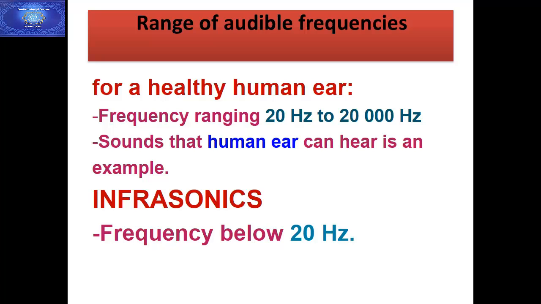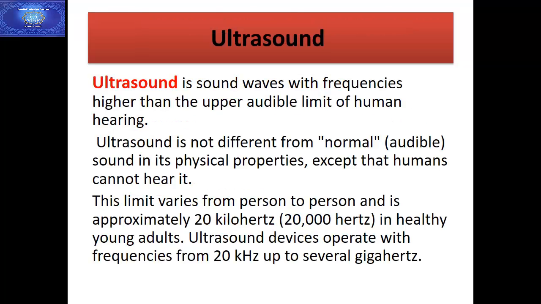Frequencies below 20 Hz cannot be heard by our ear. Also, frequencies more than 20 kHz cannot be heard by our ear. Infrasonic means frequency below 20 Hz. So, there is a range for audible frequencies.